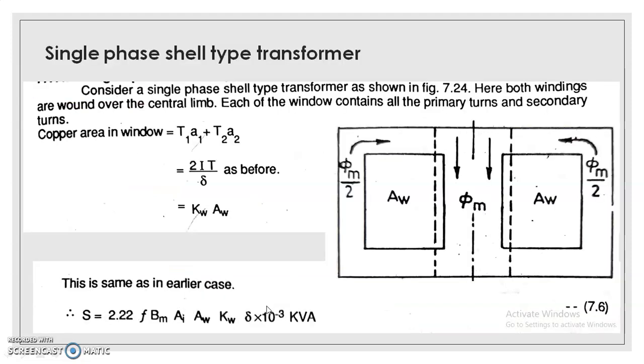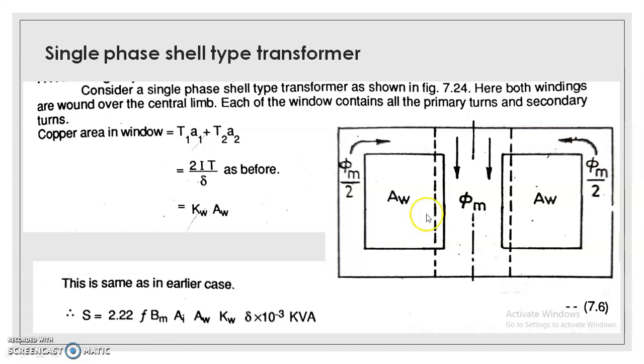Let's see the single phase shell type transformer. You can see the figure here. As we have seen in the last lectures, the central limb of the shell type transformer has a width 2 times the width of the side limbs.